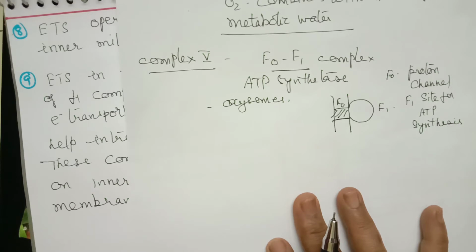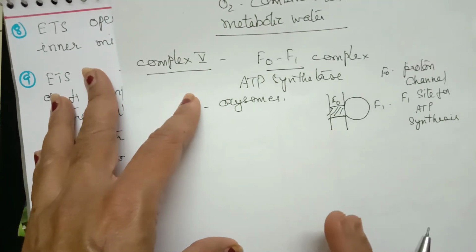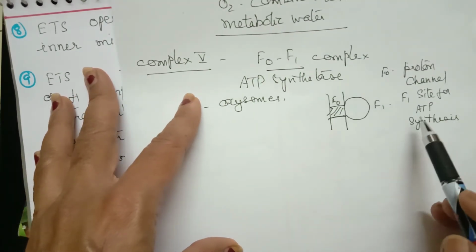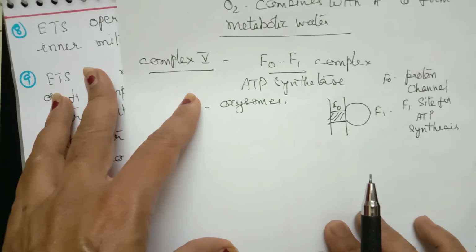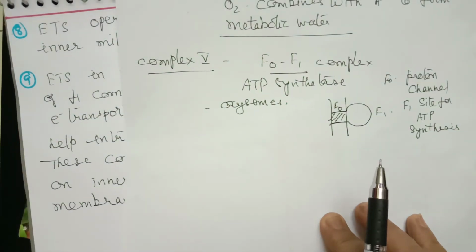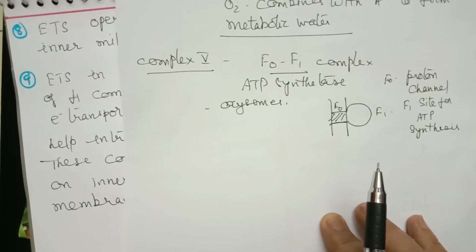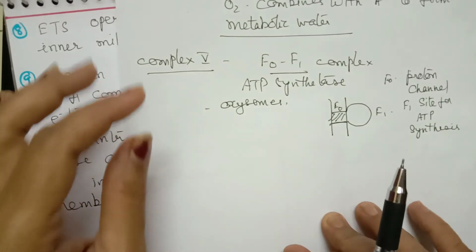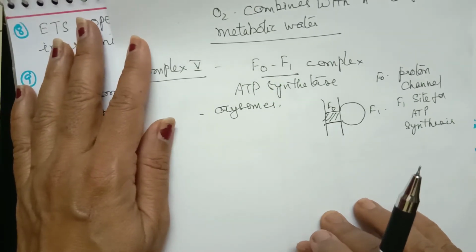And F1 projects into the matrix. So, therefore, it is the site for ATP synthesis. This last, fifth complex is involved in ATP synthesis and proton translocation. Due to transport of protons, there is a synthesis of ATP, just like we have done in case of chloroplast.